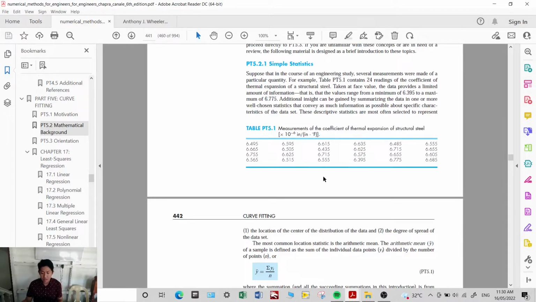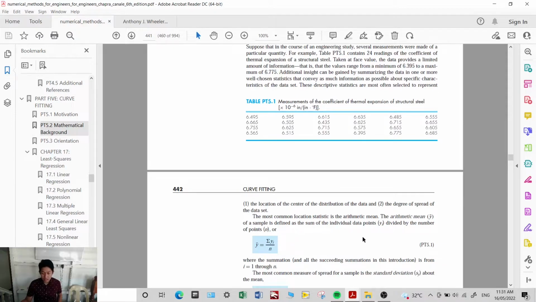It will give you the average, or the middle value of your data. In definition, you just add all this data and then divide by the total number, and you will get the arithmetic mean.